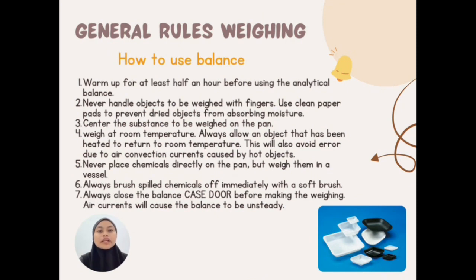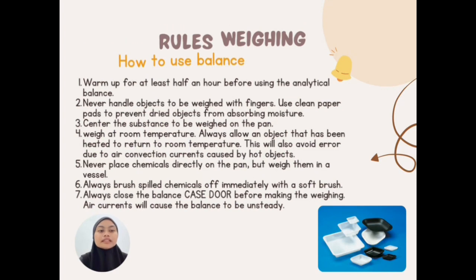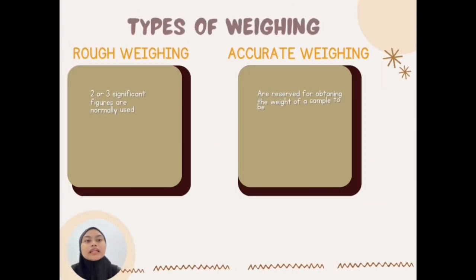And the last of the weighing rules: always close the balance case door before taking the weight. Air currents will cause the balance to be unsteady. Okay, there are 2 types of weighing.